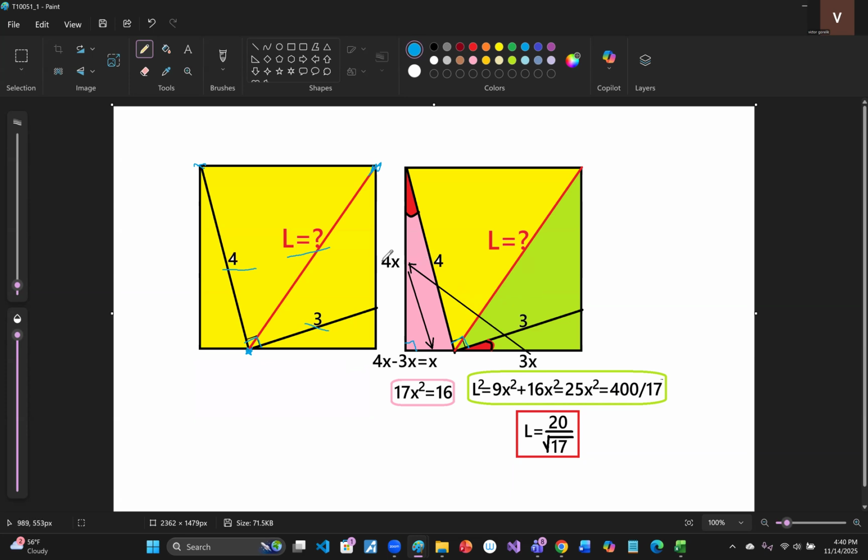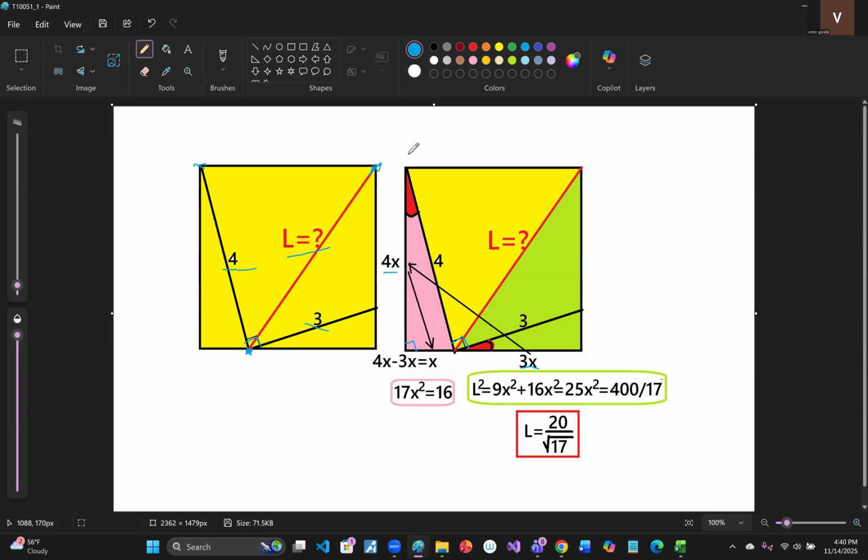So, if we denote the vertical side of the pink triangle as 4x, then the horizontal side of the small yellow triangle is 3x. It means that the horizontal side of the pink triangle is 4x minus 3x, or just x.